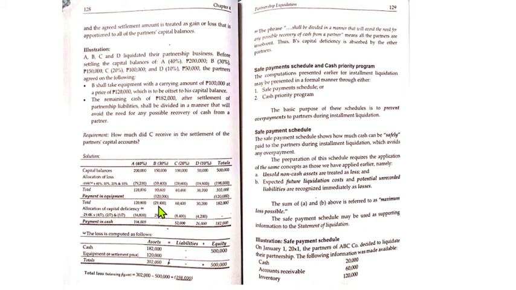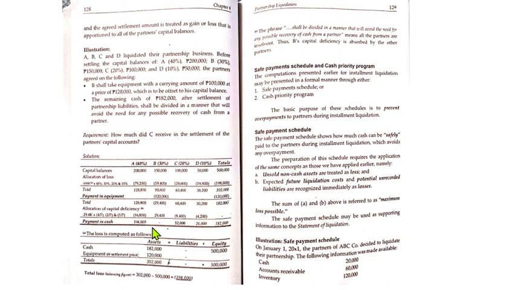Ang sabi dito, di ba ang sabi kanina, avoid the need for any possible recovery of cash from a partner. So, hindi pwedeng babayaran yan ni B because there is a provision related to this. So, paano gagawin natin dyan? You have to allocate the capital deficiency of B among the remaining partners A, C, and D. So, 29,400, you multiply it with the new profit and loss ratio.